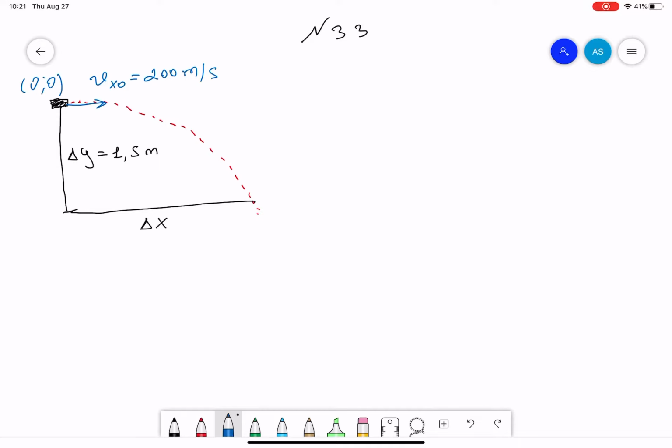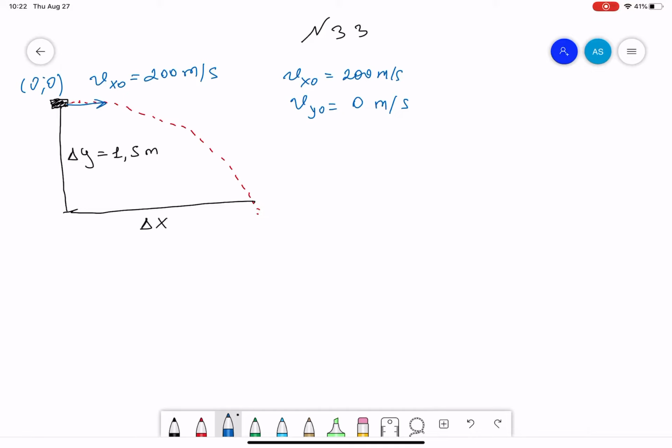Second thing, we have to define what velocity we have at the initial position. So we have Vx initial, which is 200 meters per second, but we don't have Vy initial, because it's flying only in the horizontal direction, so we can say it is 0 meters per second.